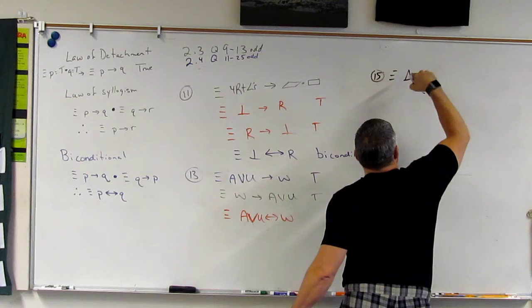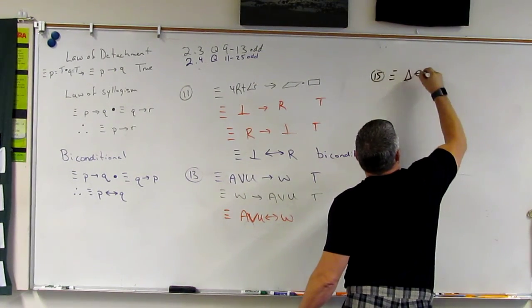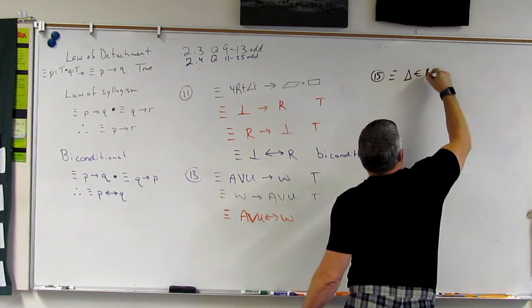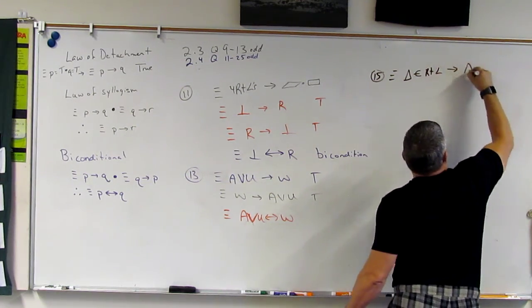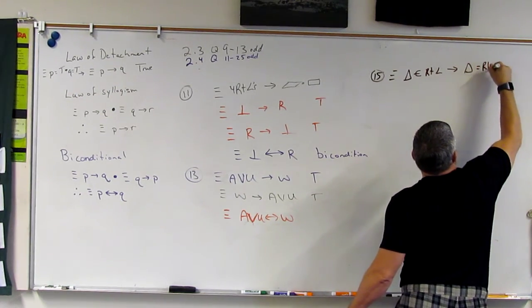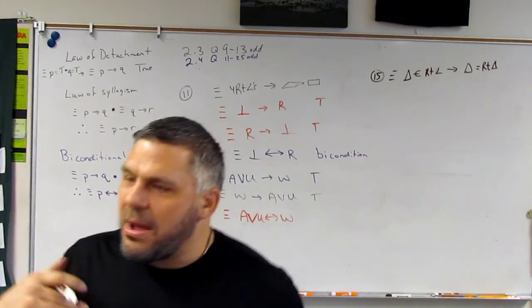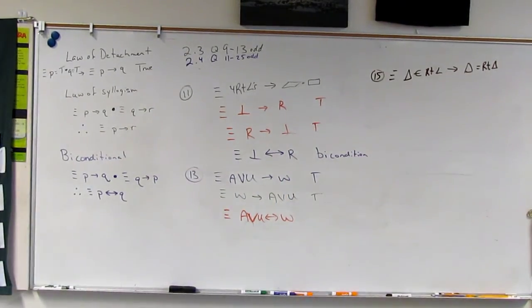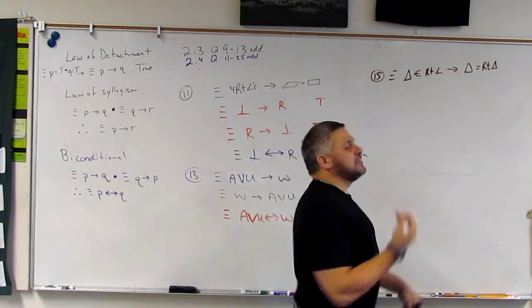So if a triangle contains a right angle, then the triangle is a right triangle. You see how I'm writing that? I'm making sense out of the words. I'm turning the words into symbols.